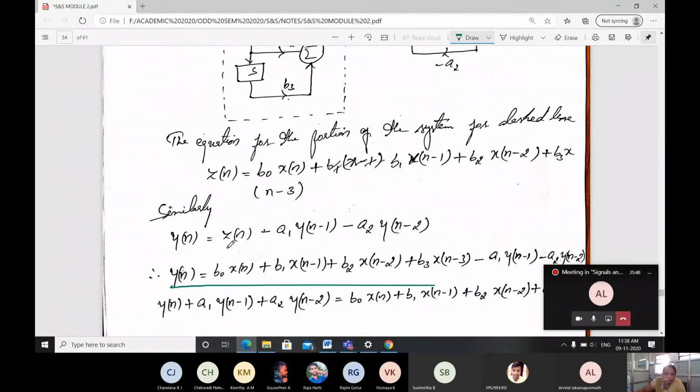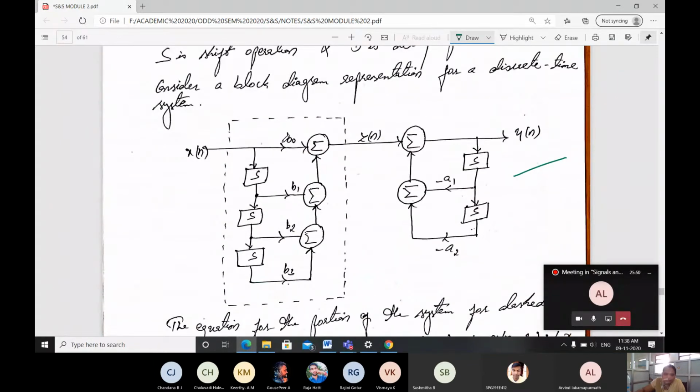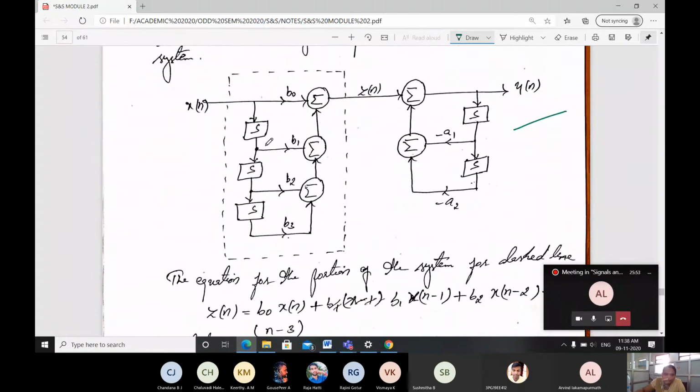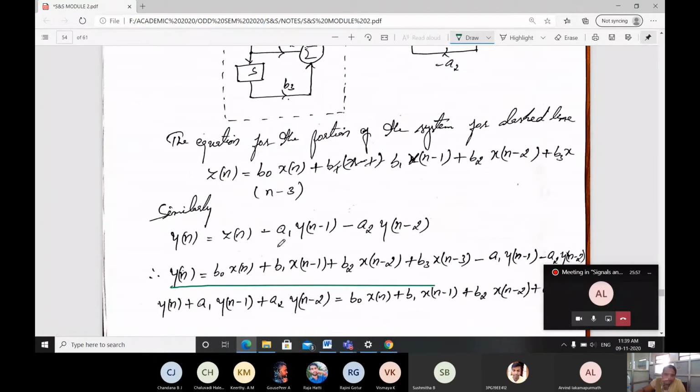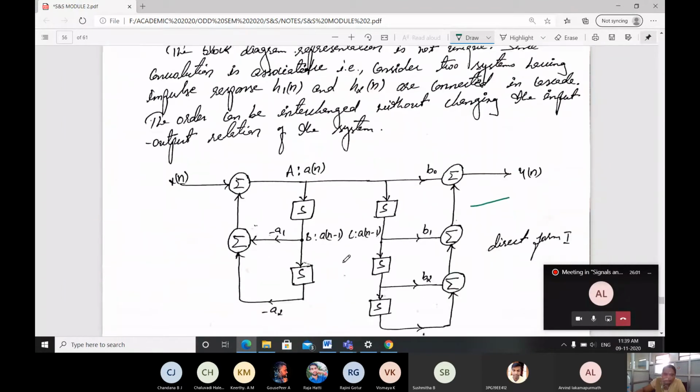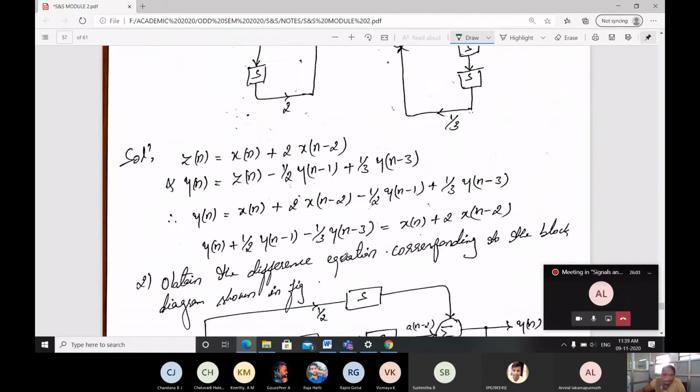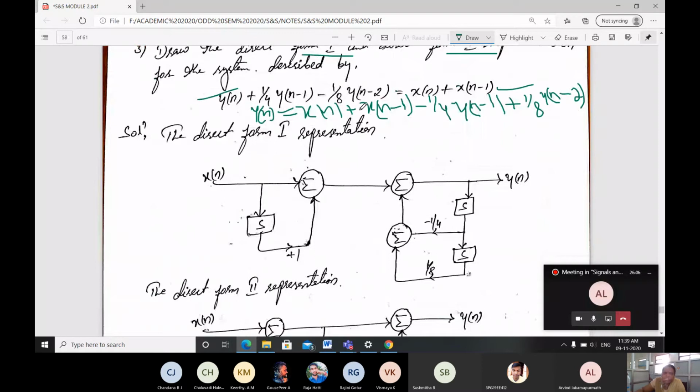In terms of our equation, b naught is 1, and b1 is also 1. Then a naught, a1. This is how you represent direct form 1.